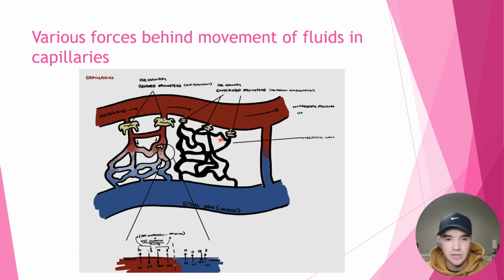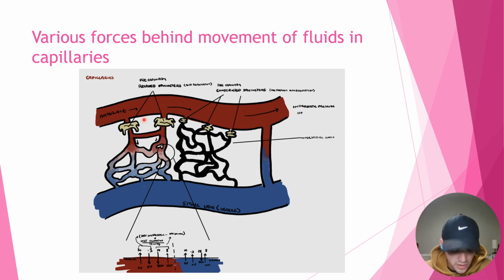Alrighty, talking about capillaries and veins and how everything goes. Let's talk about the various forces behind the movement of fluid in capillaries. I have a lot of things built here, so let's dissect it. You probably have to zoom in, but this is a capillary right here. You can see that these are two different capillaries.